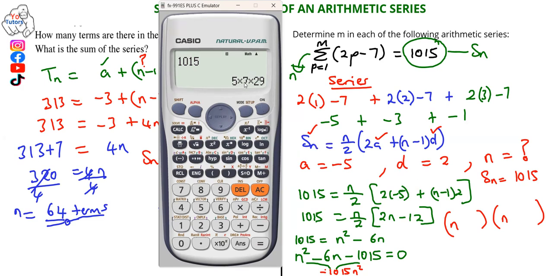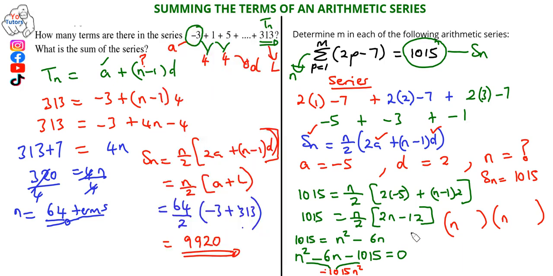So you can see that we've got 5 times 7, which is equal to 35, and we have 35 times 29, which is going to give us this. So we've got two numbers here, which are 35 and 29. Okay, and if we subtract the two, we say 35 minus 29, we get a 6.